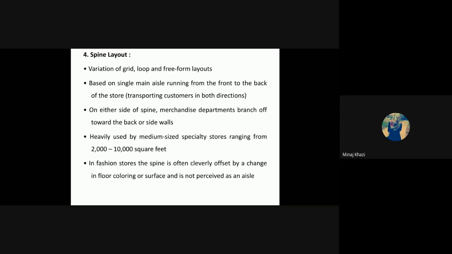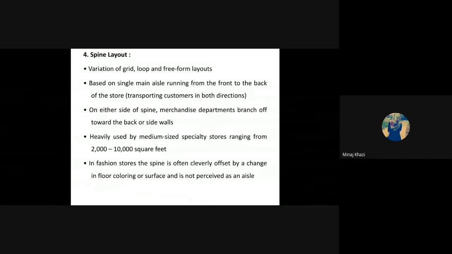It is based on a single passage. You will find only a single aisle, the main one, running from the front of the store till the end, and customers can move from both sides. On either side of the spine you can find different departments or branches, like a tree.